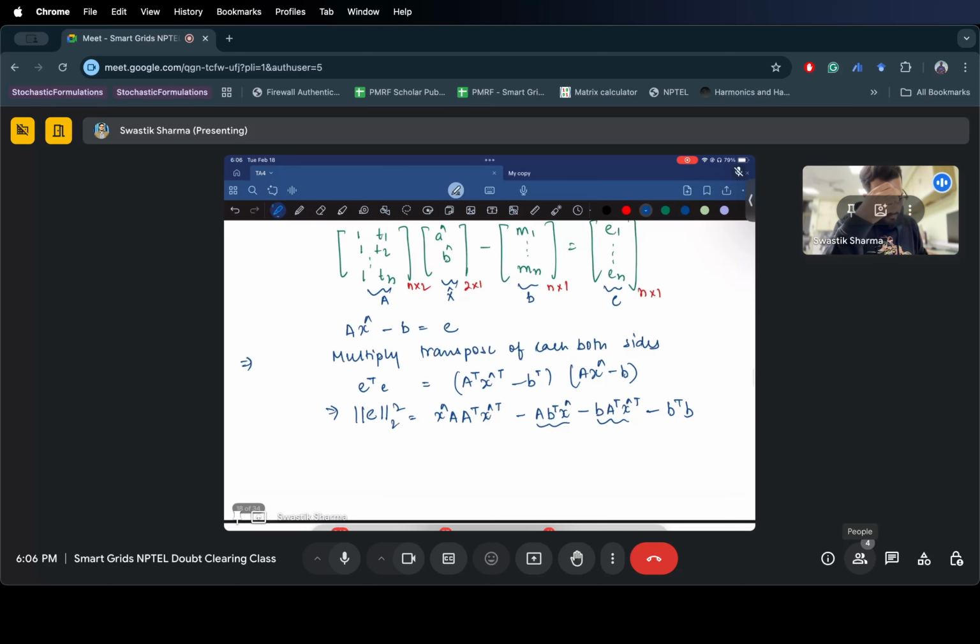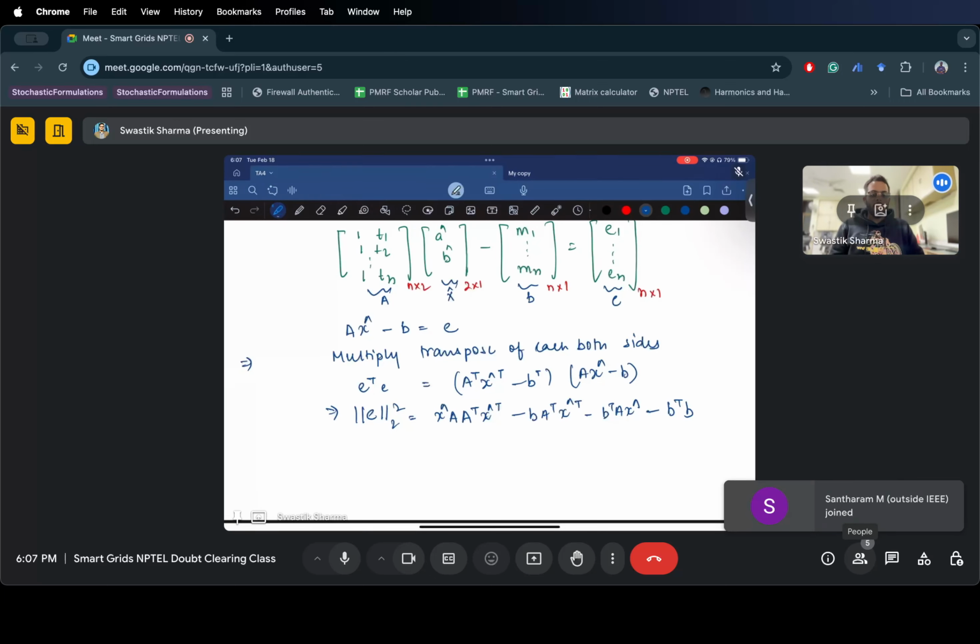This is A transpose x cap B minus B A transpose x cap, and then you have minus B transpose A x cap. Okay, so you get these two terms, and if you see, both of them are scalar. Let's see: 1 cross n, then n cross 1, and then 2 cross n. Where is the mistake coming?